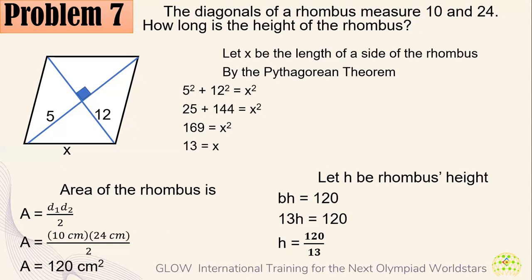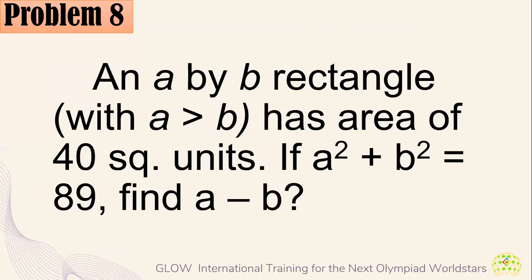Number 8. An A by B rectangle with A greater than B has an area of 40 square units.